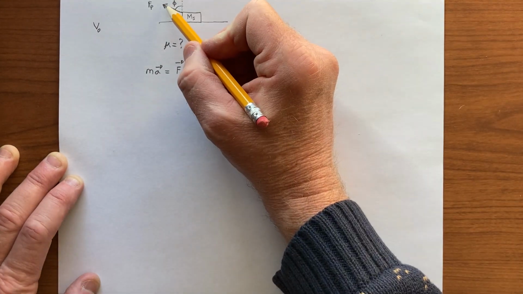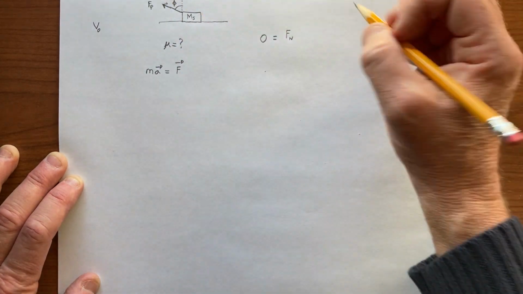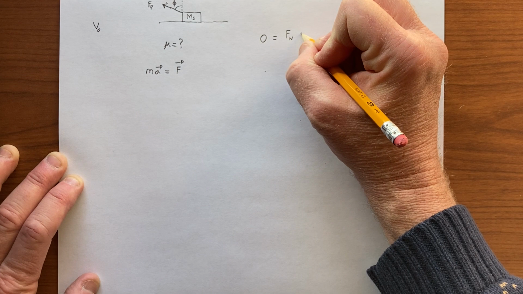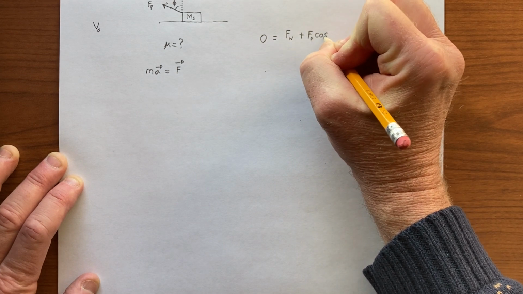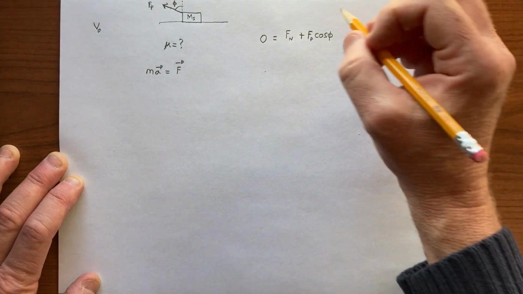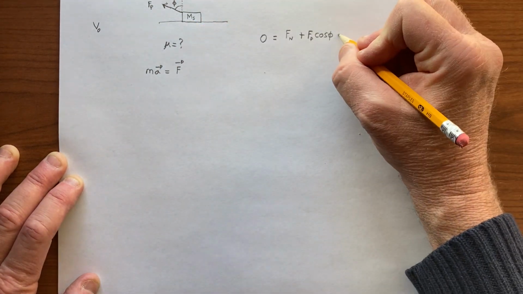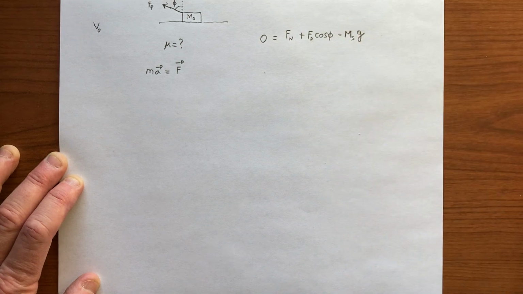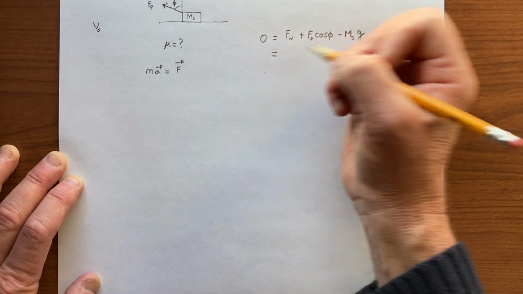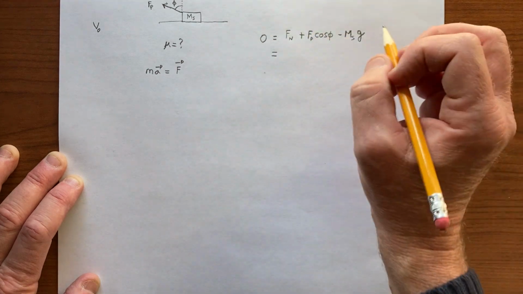We have part of the Fp force in the vertical direction. So we have plus Fp cosine of phi, and then we have the weight of the object, the gravitational force, ms times g.